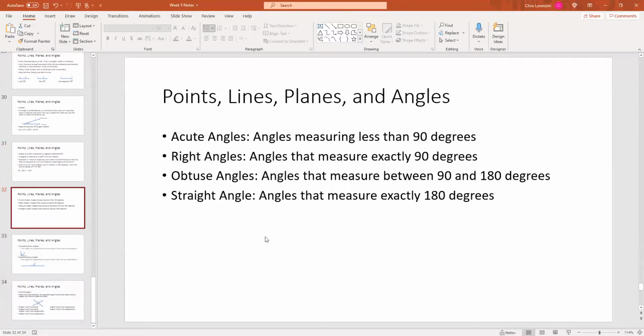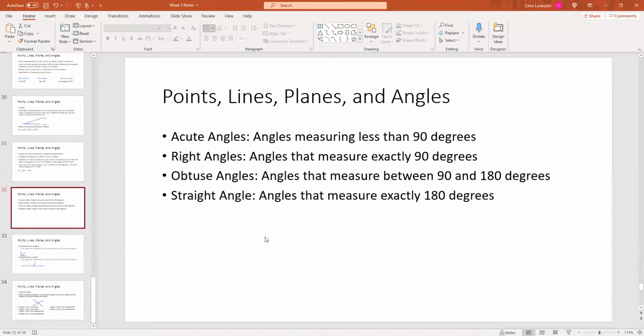Let's talk about different types of angles. We have 4 different types of angles we'll talk about: acute, right, obtuse, and straight. An acute angle is an angle that measures less than 90 degrees. A right angle is an angle that measures exactly 90 degrees.